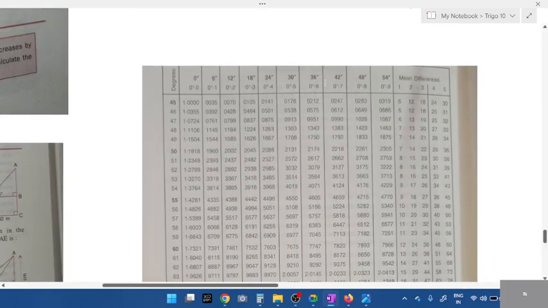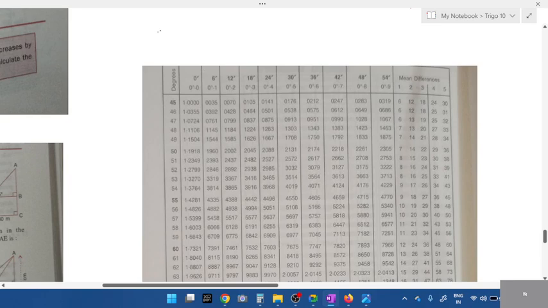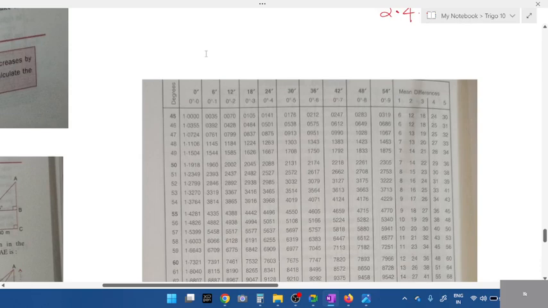I'll just give an example now. Look here. If you want to know about the other columns, if I write these other things, 45 degrees and 45.1 degrees, this is the value.